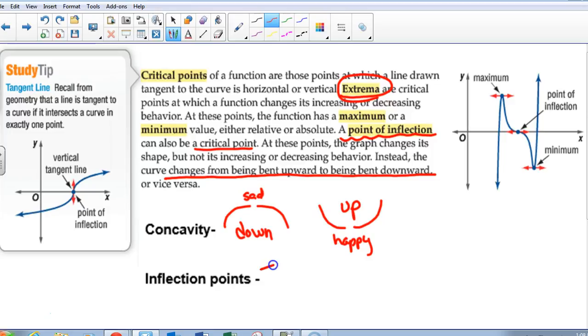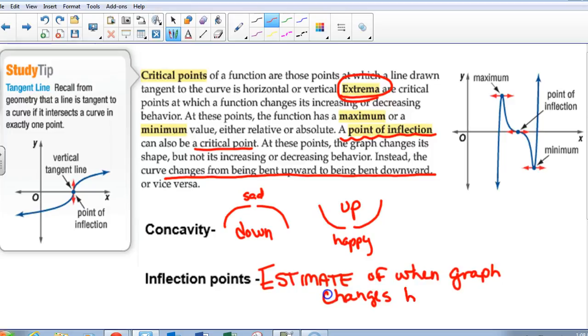The inflection point for now is an estimate of where the graph changes the bend. From bending down to up or the other way. Okay, whichever way, up to down, down to up.